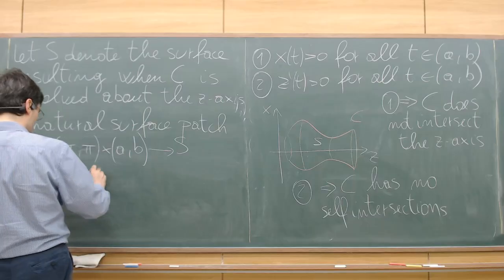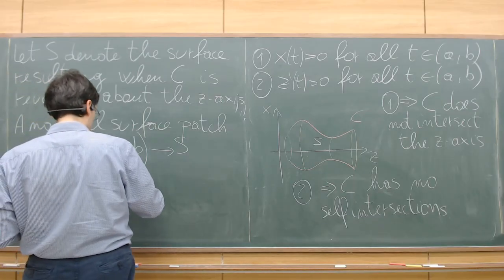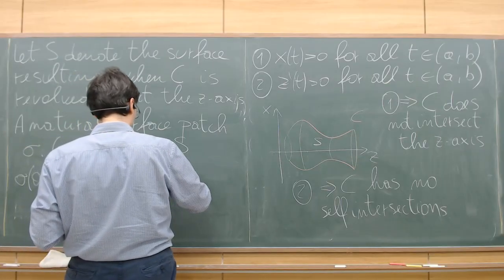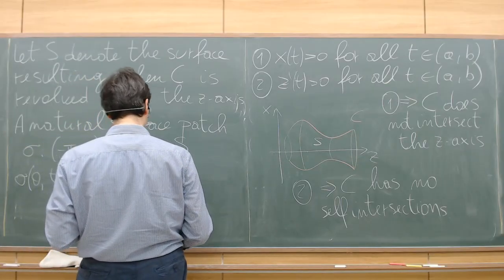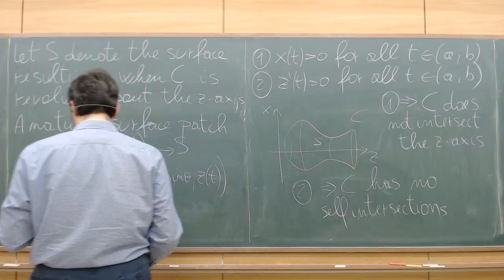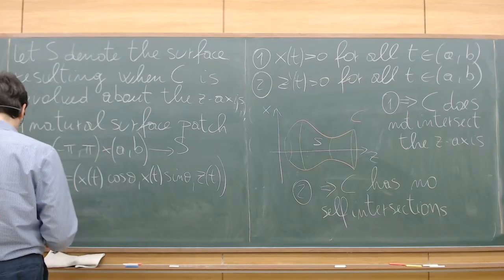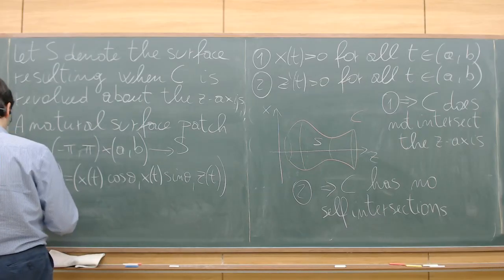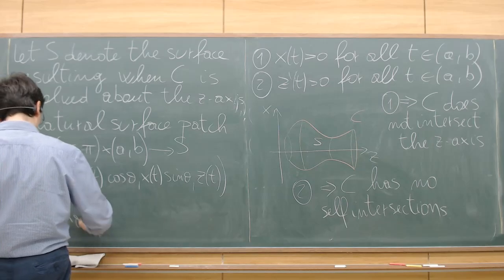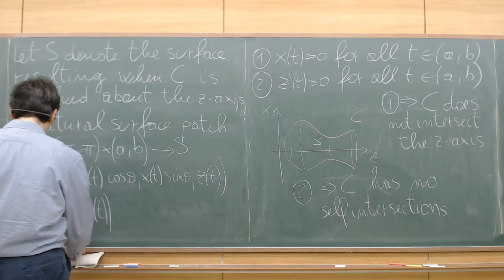This is x of t cosine of theta, x of t sine of theta, z of t. This map is nothing but R theta gamma t.